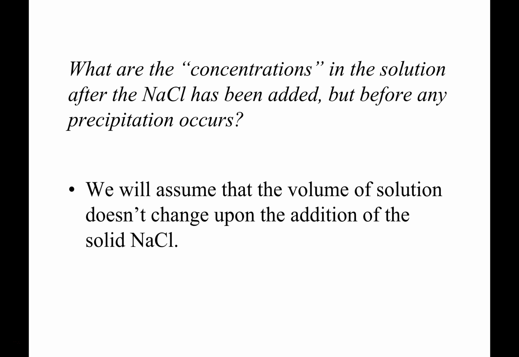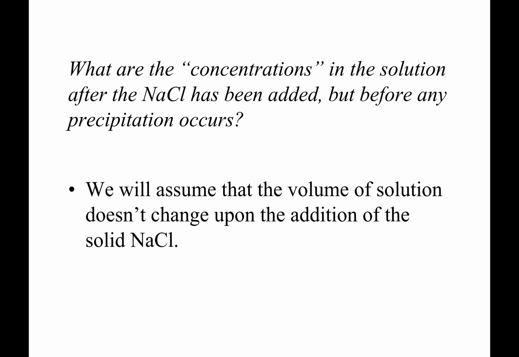Now when we work a problem like this, we're going to assume that we add all the NaCl, do it stepwise, and then evaluate to see if precipitate forms. So when this asks what the chloride ion present is, it's assuming before any precipitate.